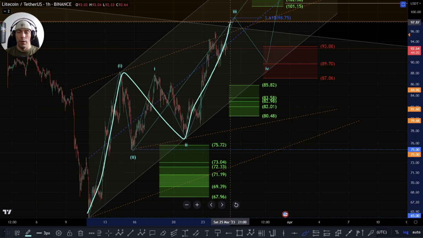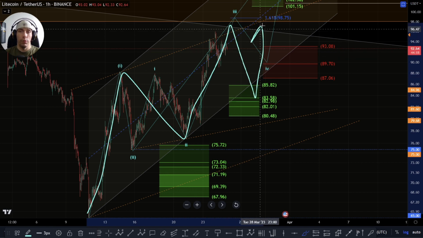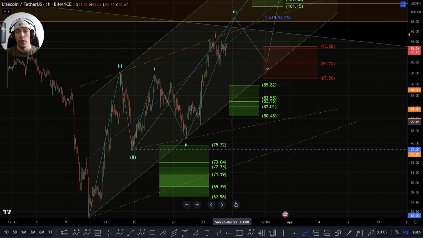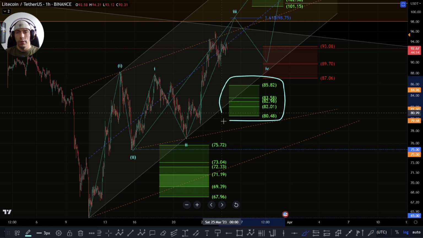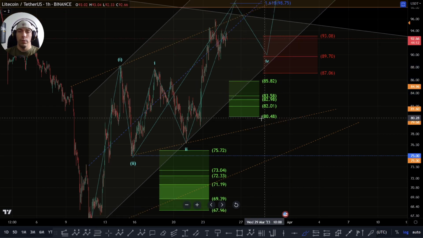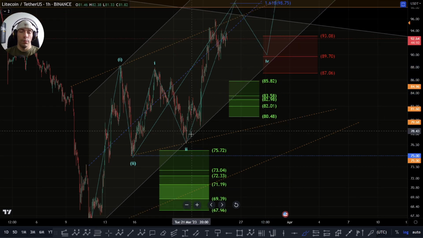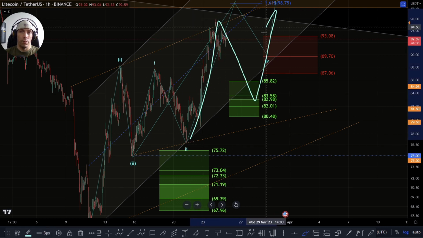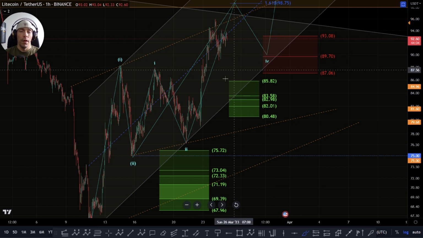This becomes another one, two, and then we look to push up. So this is still a viable option, and that's why I've got this green box here. As long as we hold this 80.48 level, potentially we could see this move even extend further, where this becomes another one, two, and then we look to break to the upside for a third.